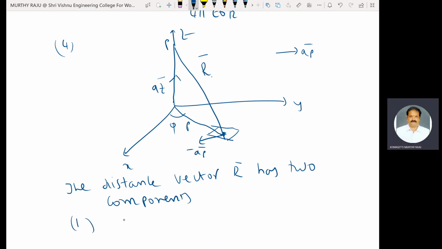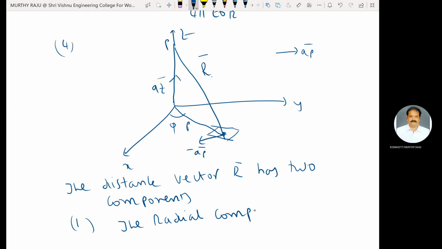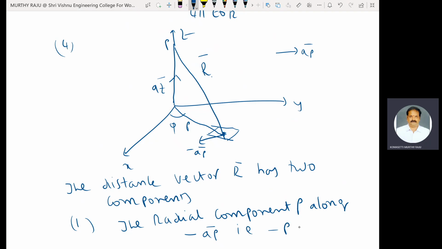First one is the radial component, rho along minus a rho, that is minus rho into a rho bar.